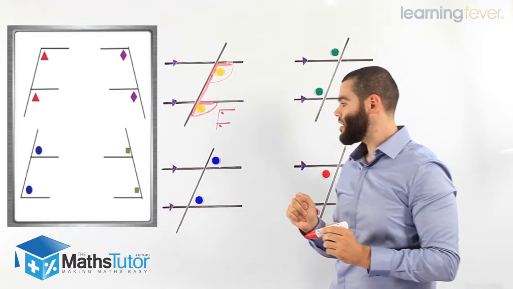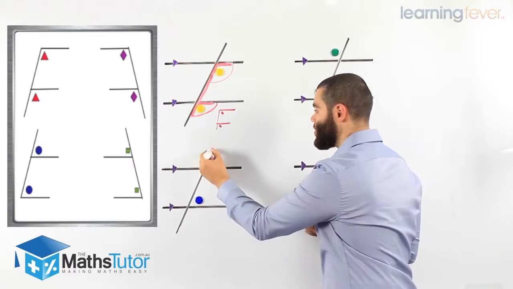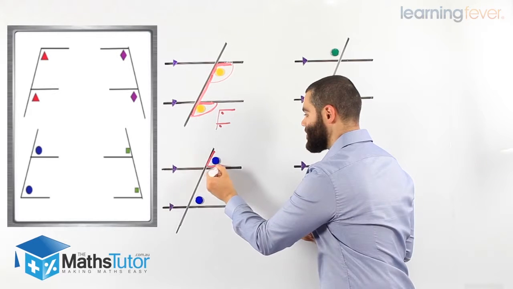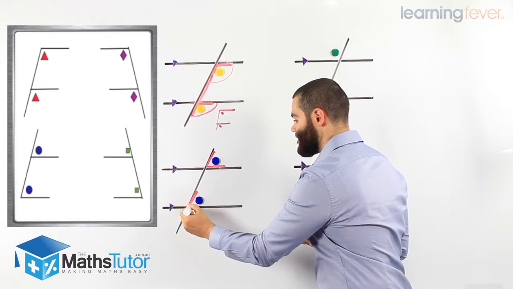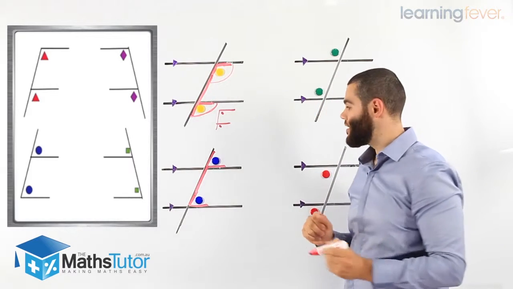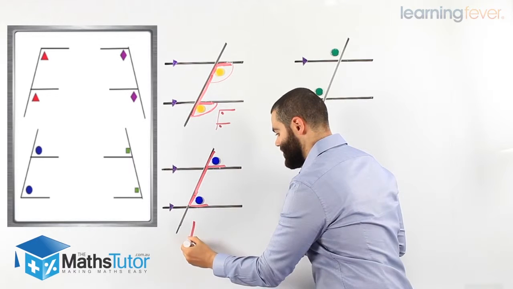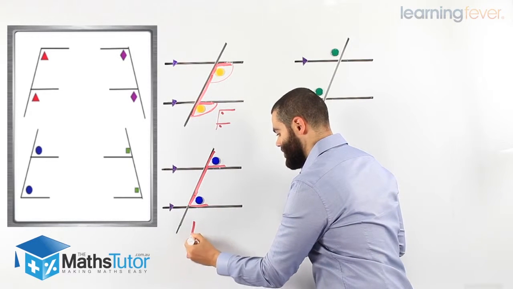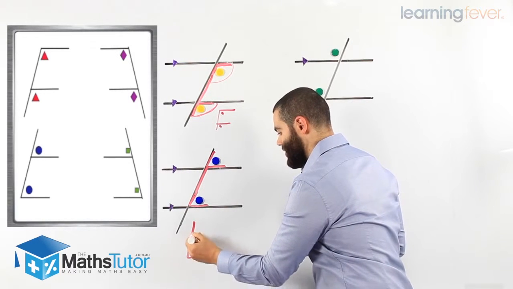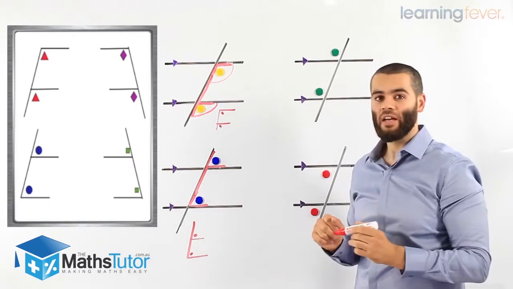Looking at this here, these are also corresponding. How do we know? We highlight and we highlight, and then we join them together, and we can see that it makes an F upside down.